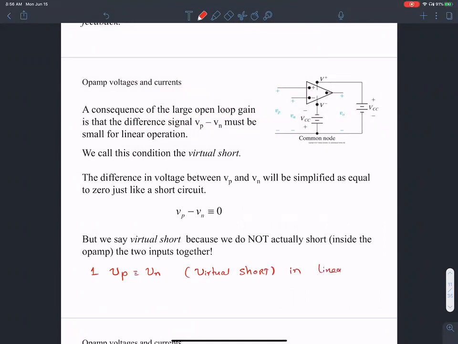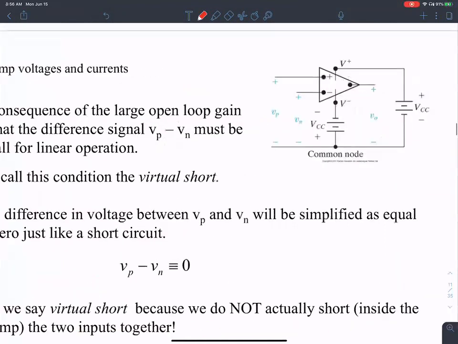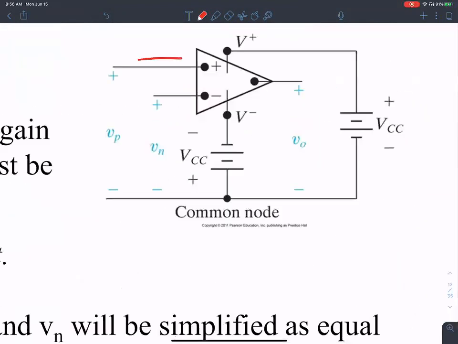The second idea is that the amount of current flowing into these terminals, I positive, there is no current flowing in here. Similarly, I negative, there is no current flowing in here.